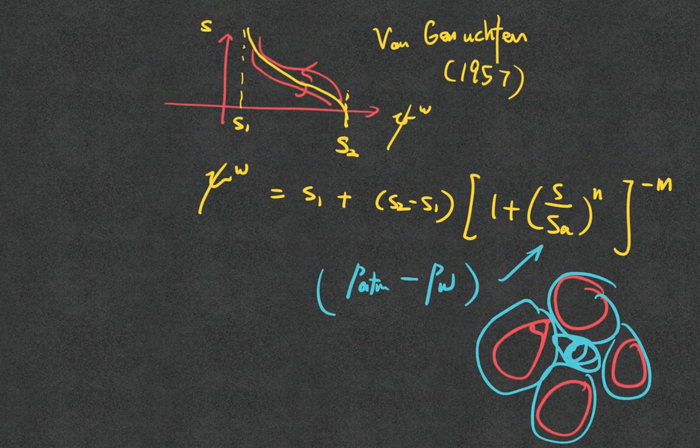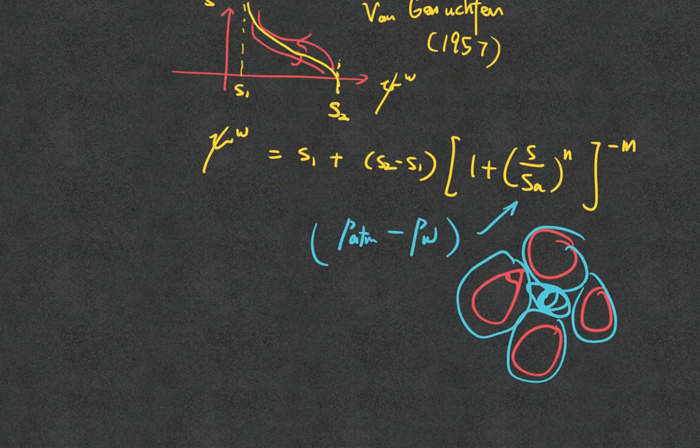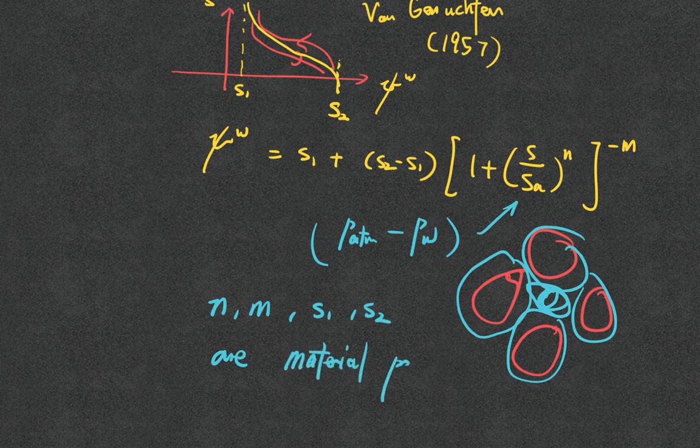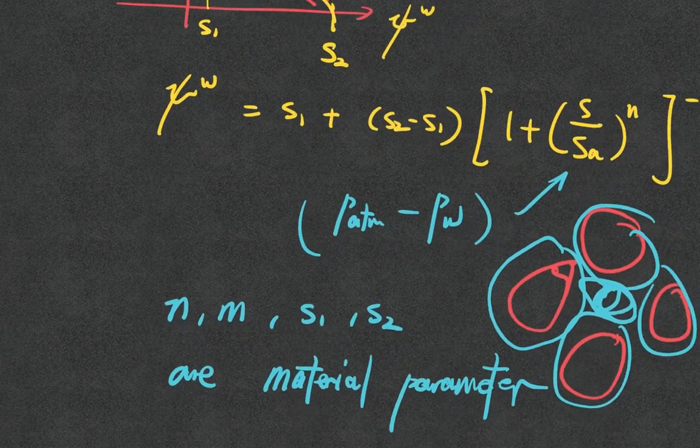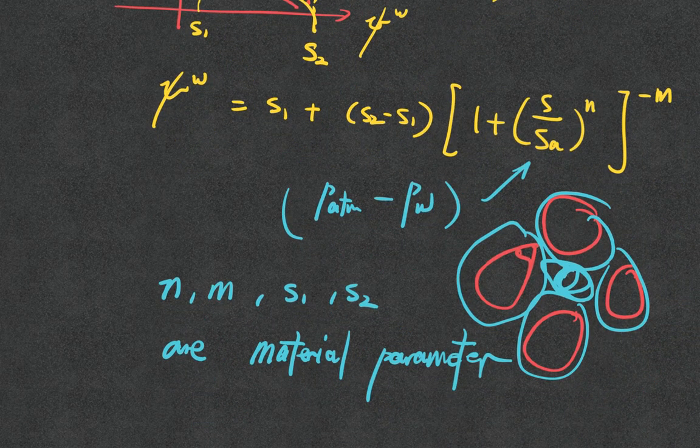Sometimes people like to take a log of these equations. Now, notice, let me say that again. N, M, S1, S2 are material parameters, just like Young's modulus and Poisson ratio are parameters. And they are the material parameters of what?